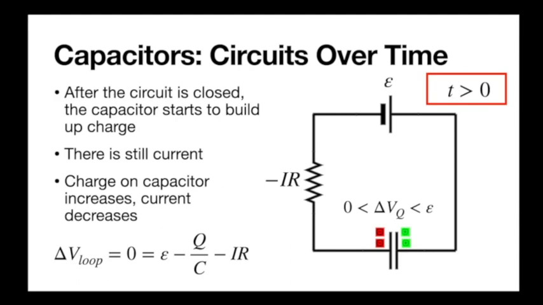And so if I want the initial current, I plug in for when there's no charge on the capacitor, and I just get epsilon minus IR, and I can solve for my initial current like I always do. So those, I naught, Q naught, delta V naught, just come from the loop rule applied at the extreme, whether the starting point or your equilibrium point.